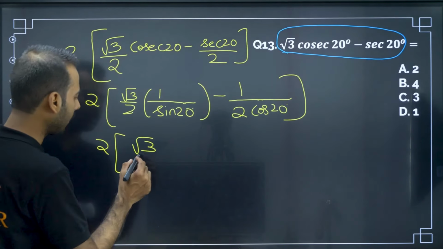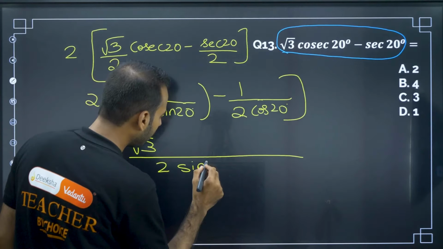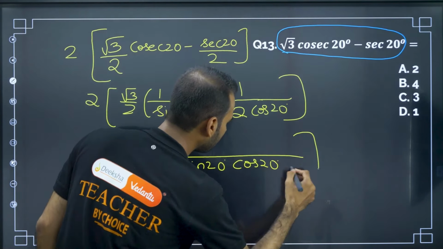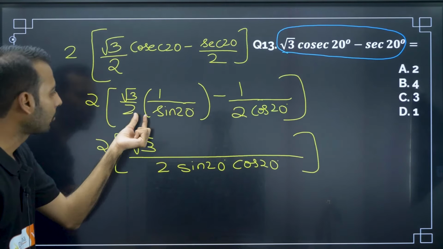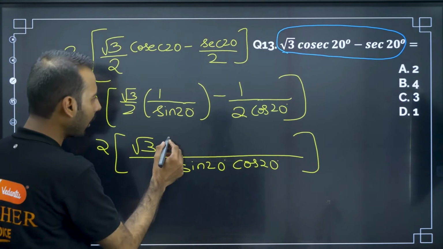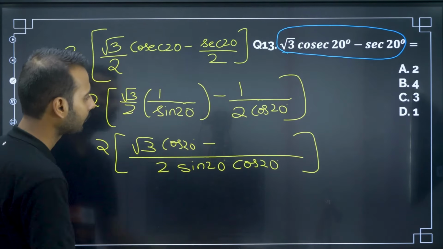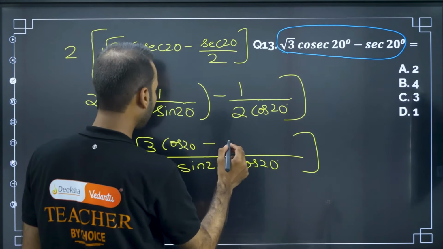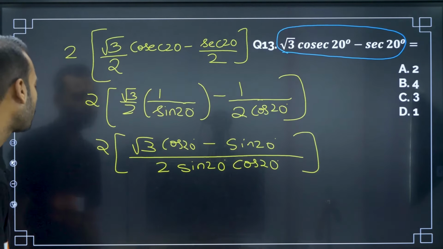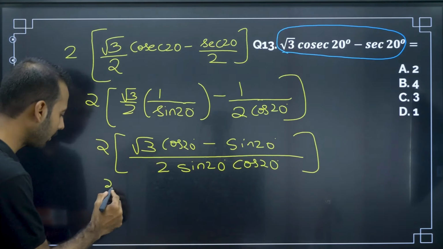Now if I take LCM, here I will get 2 sine 20 degrees cos 20 degrees. If I take LCM 2 sine 20 degrees cos 20 degrees, I will get this as, here I have to multiply with cos 20 degrees, and here I have to multiply with sine 20 degrees. So 2, let me write this 2 as it is.